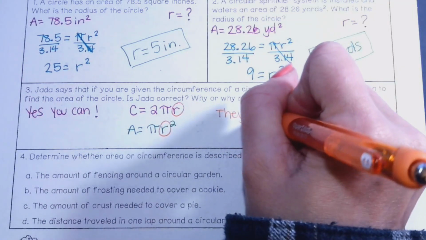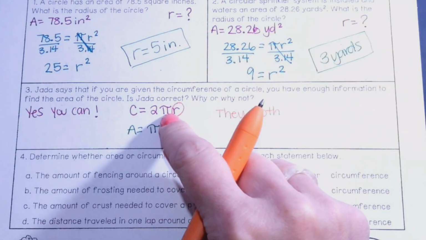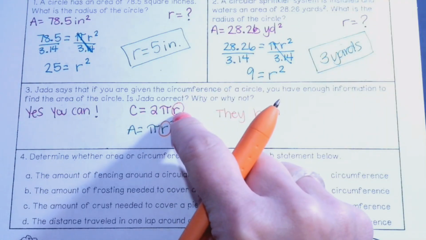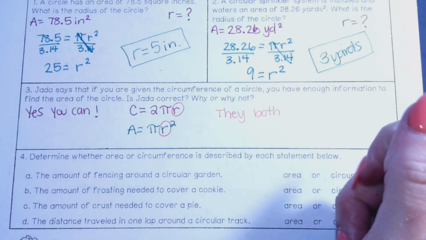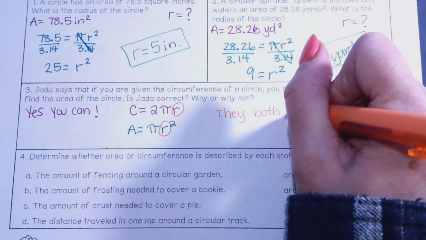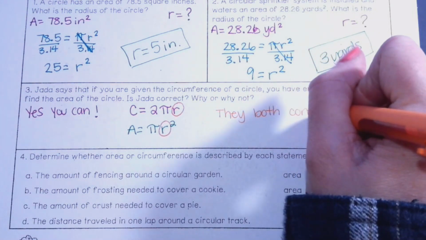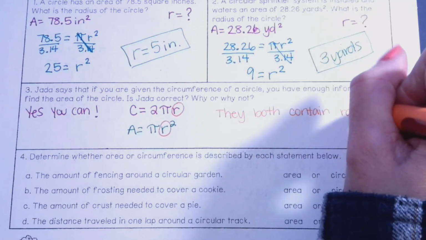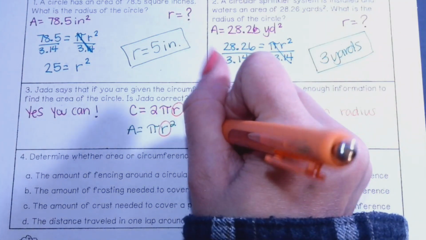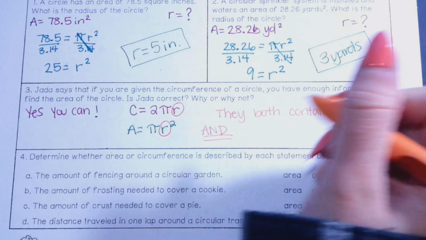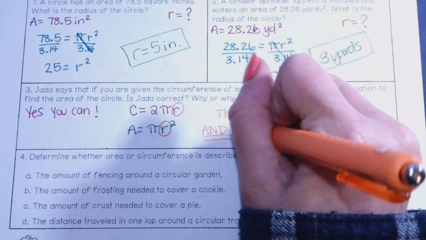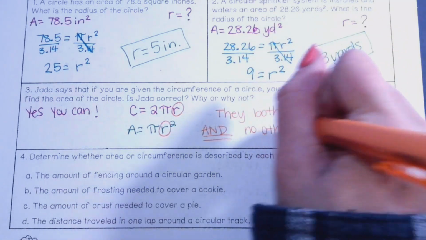So if I gave you a circumference, you would be able to go backwards to figure out what the radius is and then plug it into the area formula. So we're writing both formulas. They both contain radius and no other unknown value.